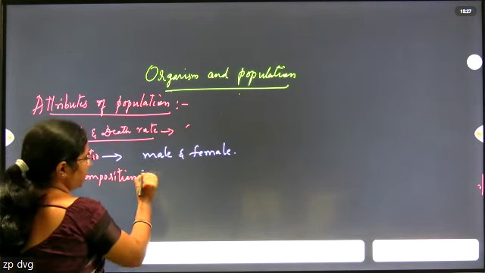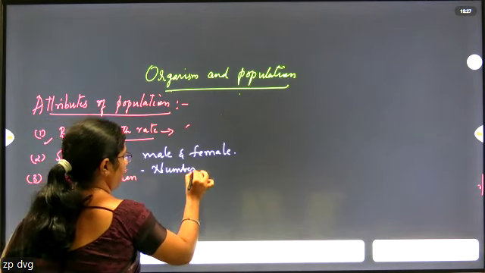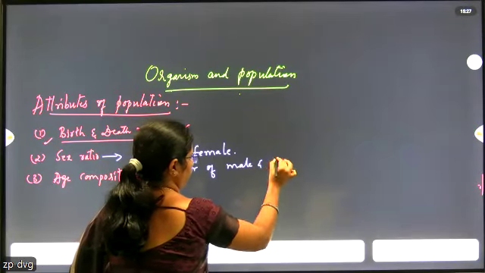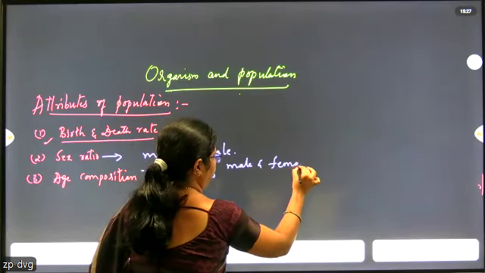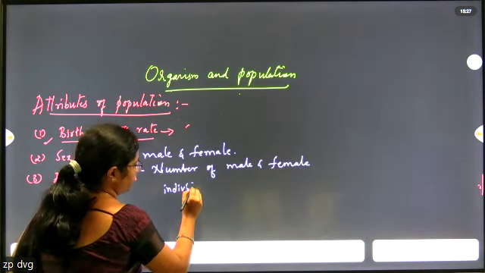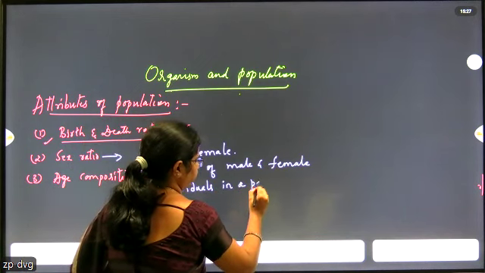The sex ratio is defined as the number of male and female individuals in a population.